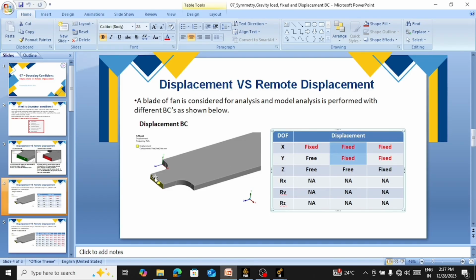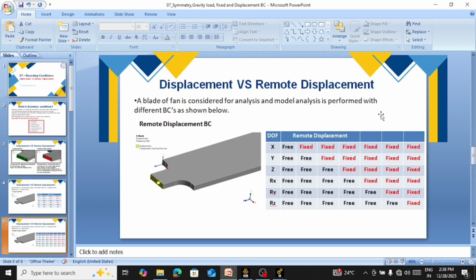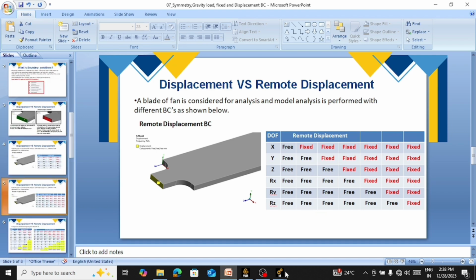In the second case, x and y will be fixed at this face, and in this case x, y, and z will be fixed. Then we will perform a modal analysis and see how this affects the results. Then we will also perform a similar case with the remote displacement boundary condition, and then we will look at the results.